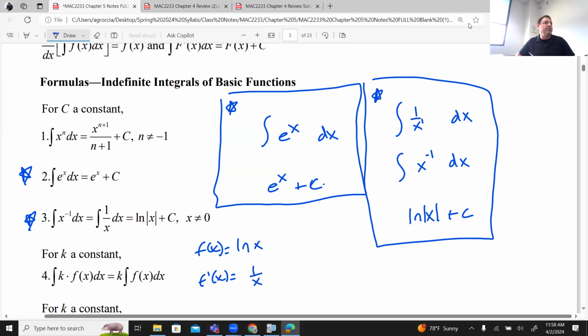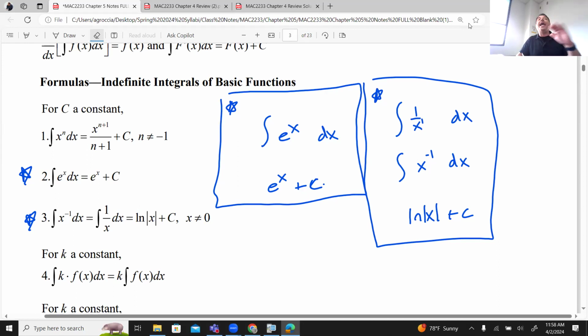We're just going backwards. And then the absolute value part just ensures that it ends up being positive. But if you want to keep it simple, the two special cases you need to be aware of are e to the x, the integral of e to the x is e to the x, and if you have 1 over x or x to the negative 1, that's ln absolute value of x.